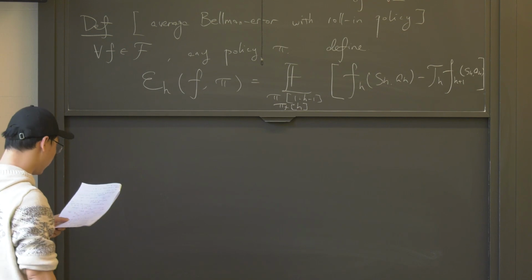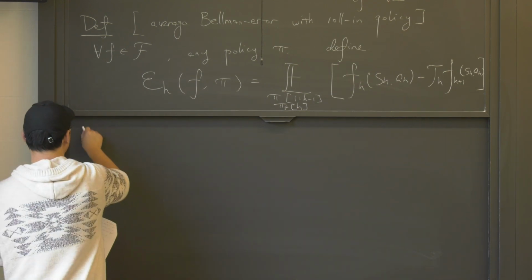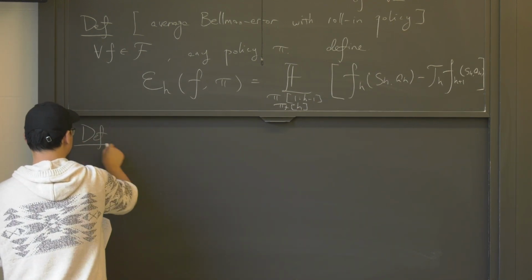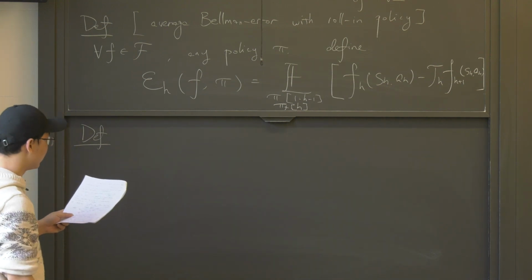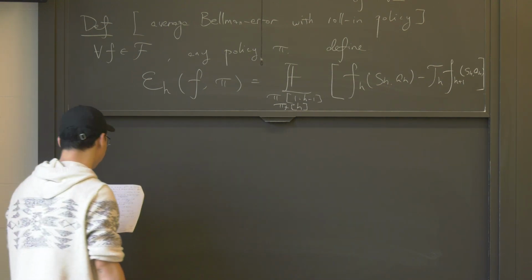And we say this is a key quantity of the Bellman rank. The Bellman rank essentially looks at this average Bellman error and asks how complex this Bellman error can be.